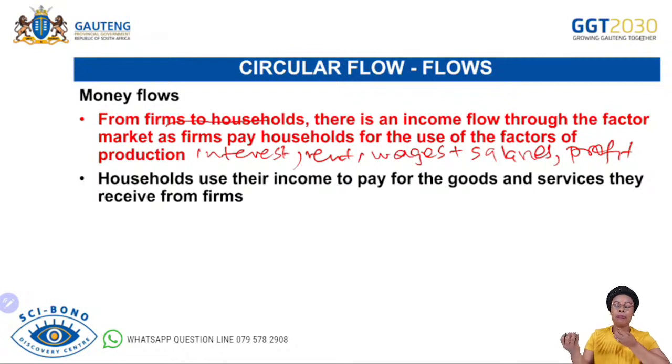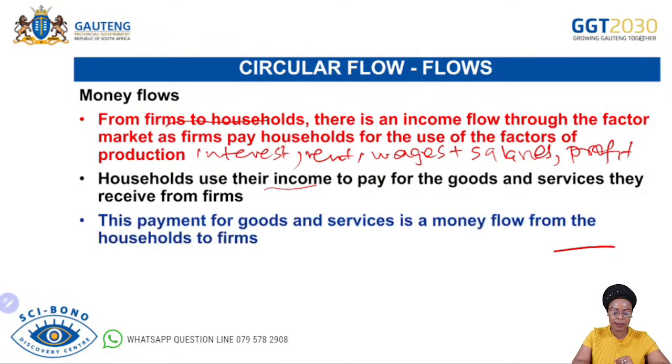That's the money that households, or consumers, will receive for selling their factors of production. And when households use this income to buy goods and services, it will represent a money flow, like I mentioned. So these payments for goods and services represent money flow.